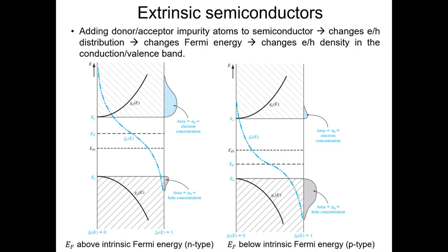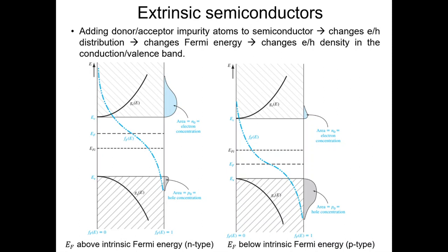Extrinsic semiconductors are those that have excess or external doping, or impurities, present inside them. As I have already shown in the previous slides, these introduce excess electrons or excess holes. The excess electrons come from impurities like phosphorus or arsenic, and the excess holes come from impurities like boron introduced in the semiconductor.